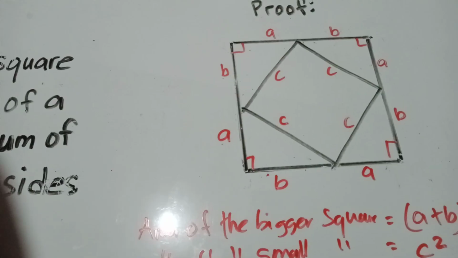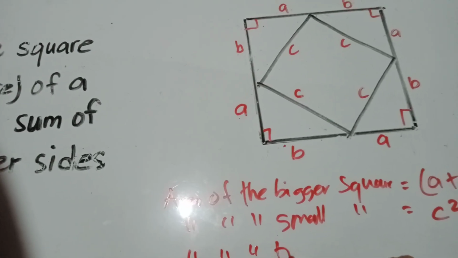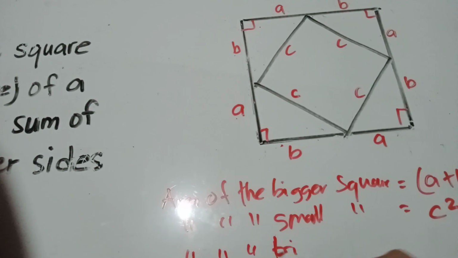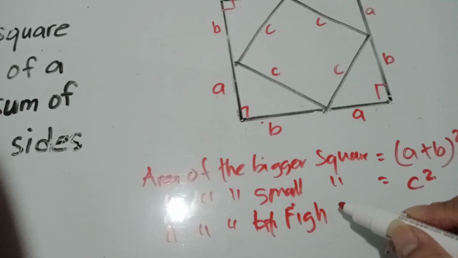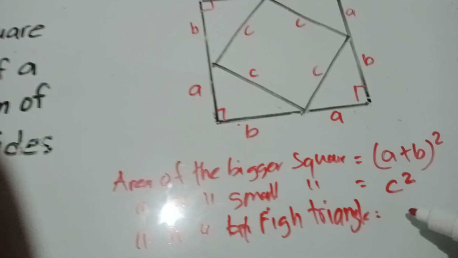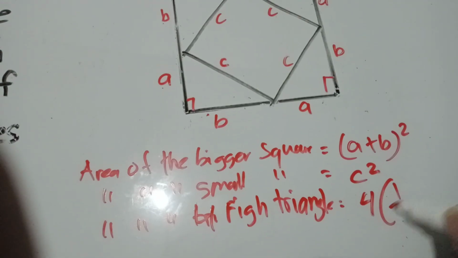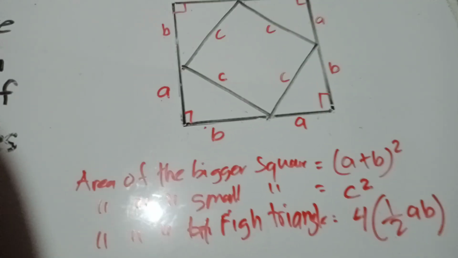So the area of the four right triangles is equivalent to 4 times 1/2 AB.